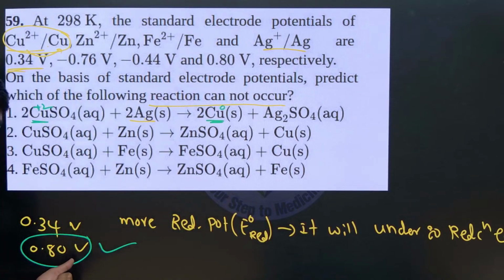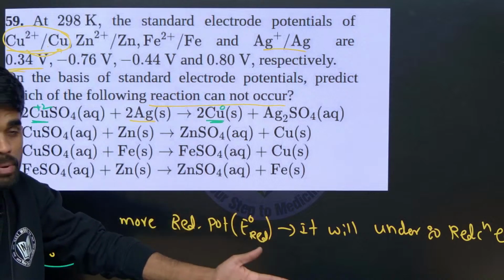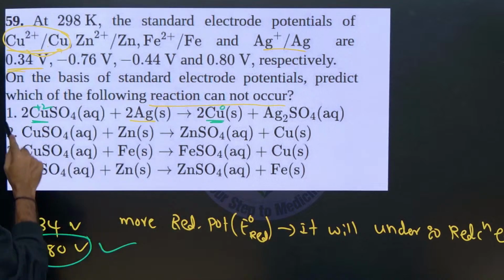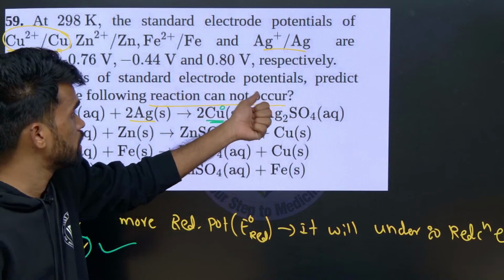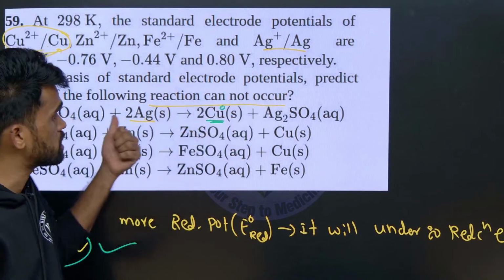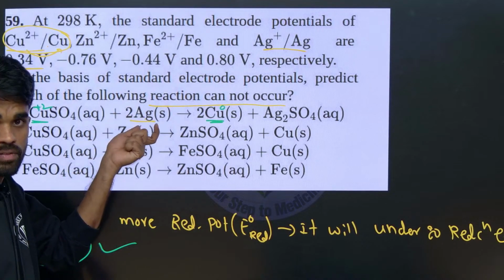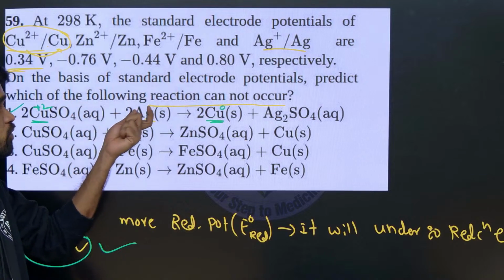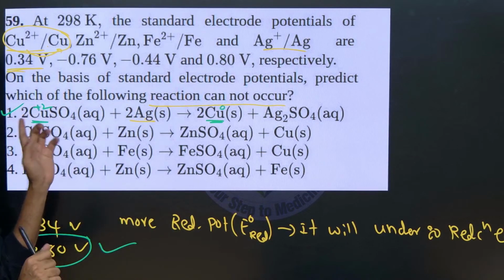Silver has more reduction potential, so silver only will be in the reduced form, not copper. Therefore this option is the suitable answer for this question, because they are asking which reaction cannot occur. So the first reaction cannot occur because of the higher reduction potential value of silver than copper. Therefore silver only remains in the reduced form, not the copper.